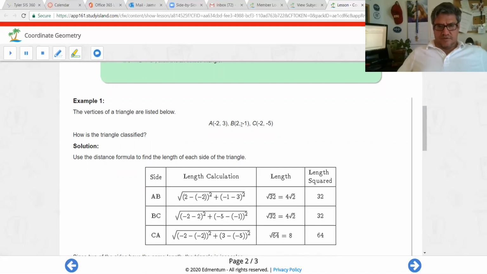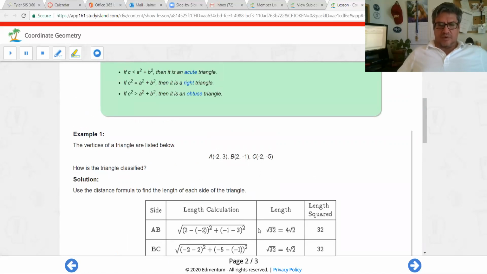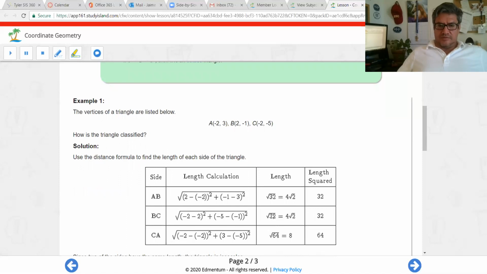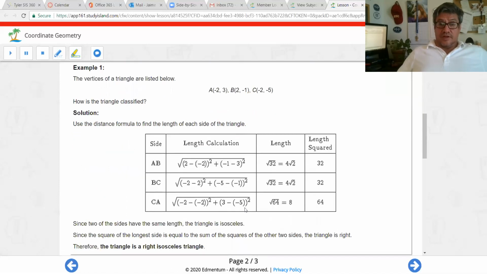For BC, you do the same thing with the numbers they give you for x1, x2, y1 and y2. You crank it out, same number, and the length squared is 32. For the third length, CA, that would be this point and that point. So that would be -2 minus -2, and that's how they have it set up.